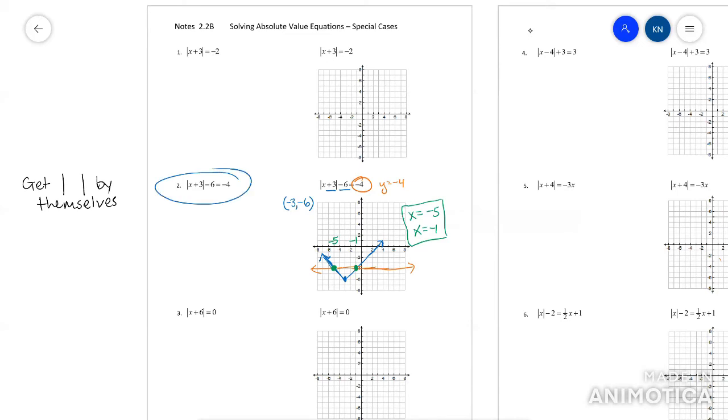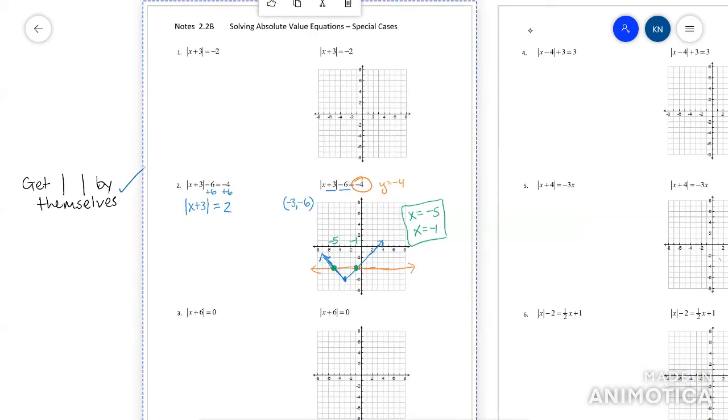So I'm right here. I'm trying to get these bars as the only thing on this side of the equation. So like this -6, it's got to go. So swing the -6 to the other side by adding 6. So now you'll have absolute value of x plus 3 equals 2. So I got the bars by themselves.